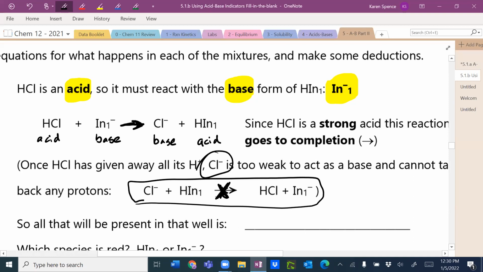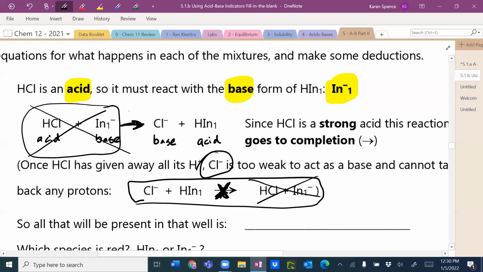So you actually don't end up with any HCl and IN minus. So the only thing we're going to have at the end of this reaction, these guys here get all used up. And so all we have left at the end is those guys.